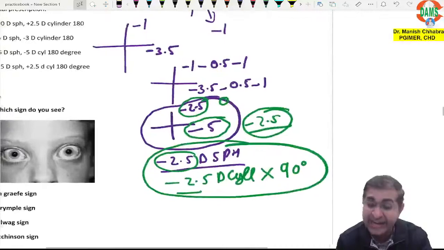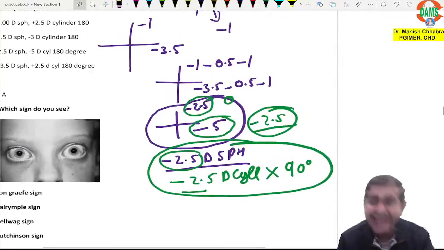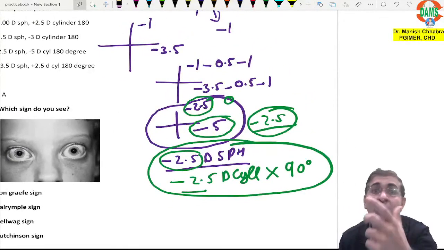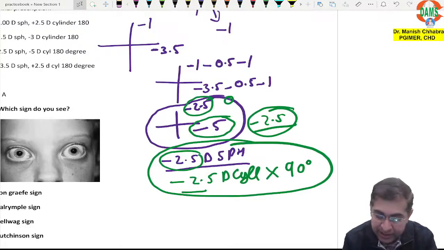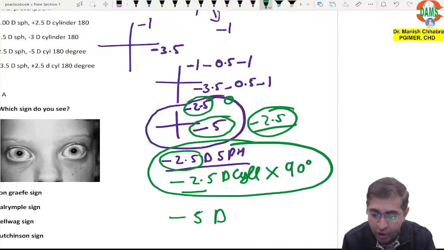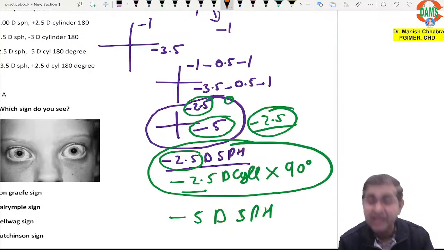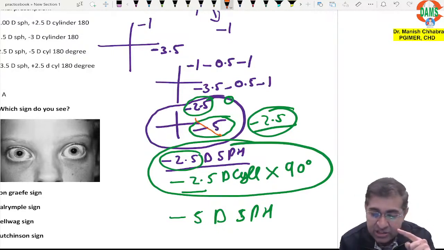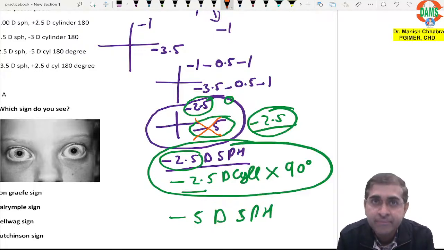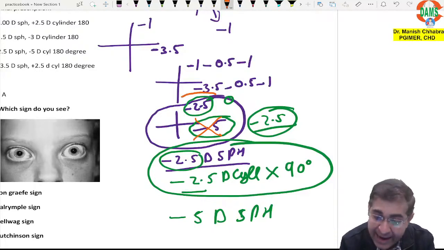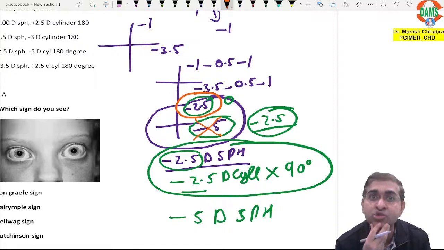What is that second equation? I can use an alternative equation. The alternative equation is I can give -5 diopter sphere. So this -5 diopter sphere will make the power at x-axis null and void. But at y-axis we required -2.5.